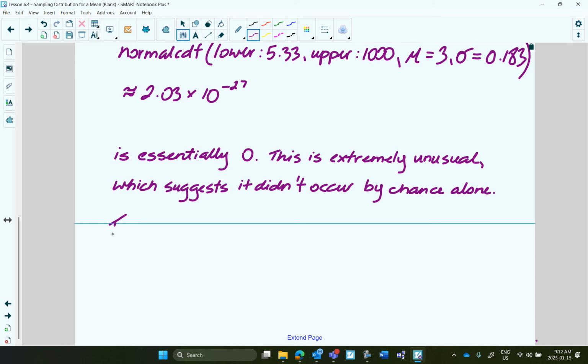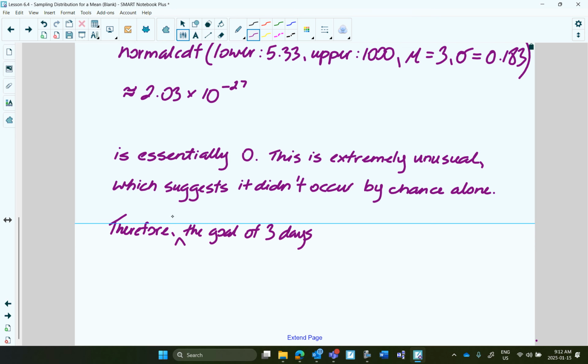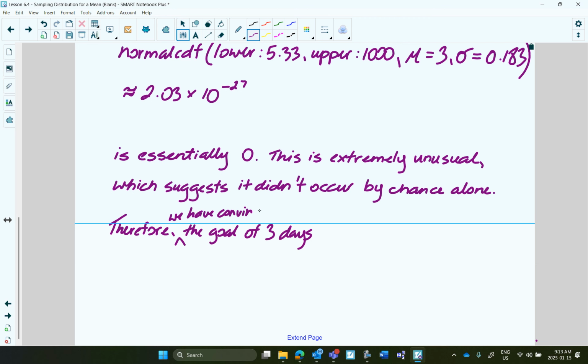Therefore, we have convincing evidence that the goal of 3 days is not being met.